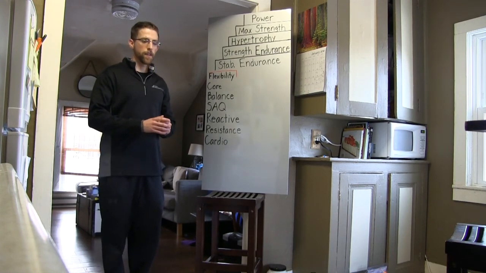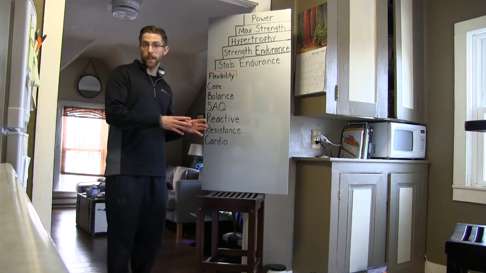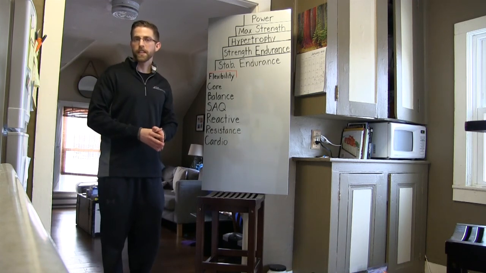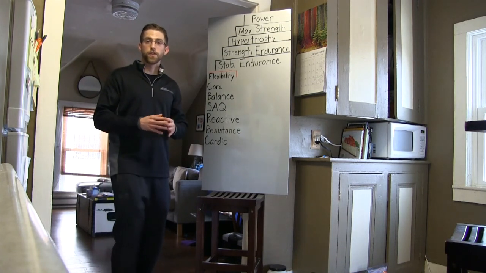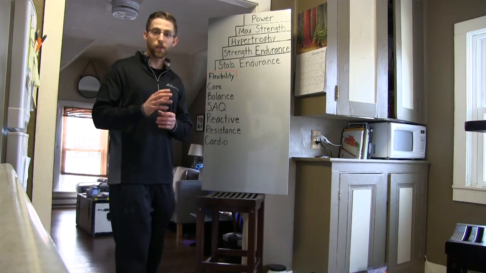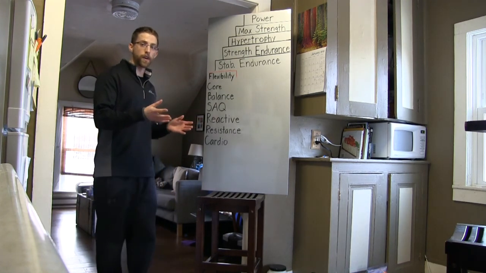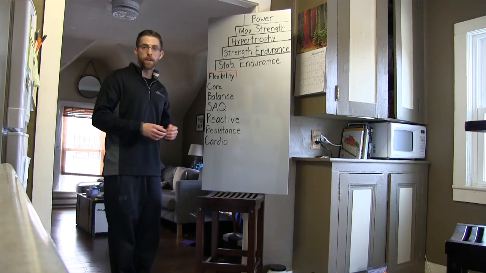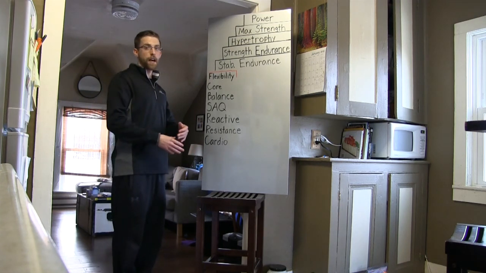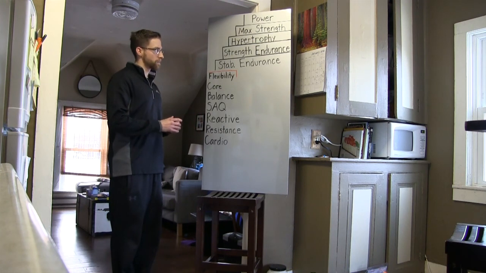It seems that if we do a max strength exercise first, that puts the body in a heightened state of neuromuscular excitability. So that is going to increase the speed and efficiency of the nerve impulses to the muscles. So that power exercise is going to be performed faster and it's going to have better outcomes than just training power by itself.